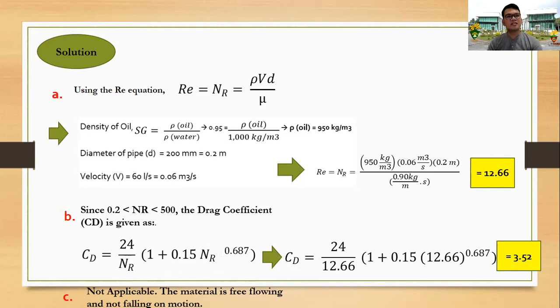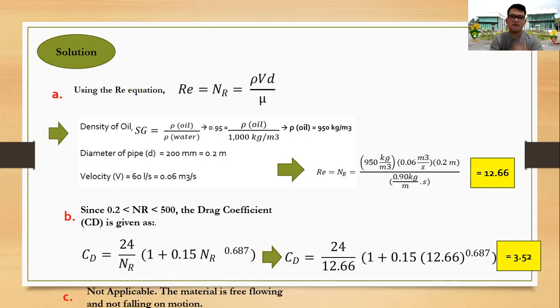But let's check some examples, because some examples will still compute terminal velocity even if it's free flowing. Somehow terminal velocity will be computed if there's something that will cause the movement of that particular product, for example, a blower, hydraulic, or any force that will move the material from one place to another.